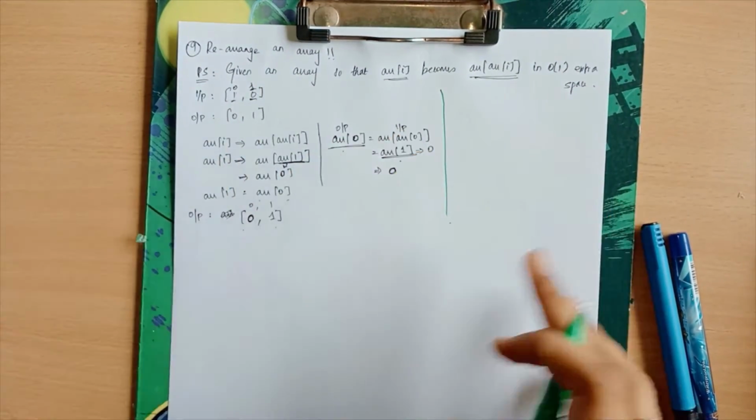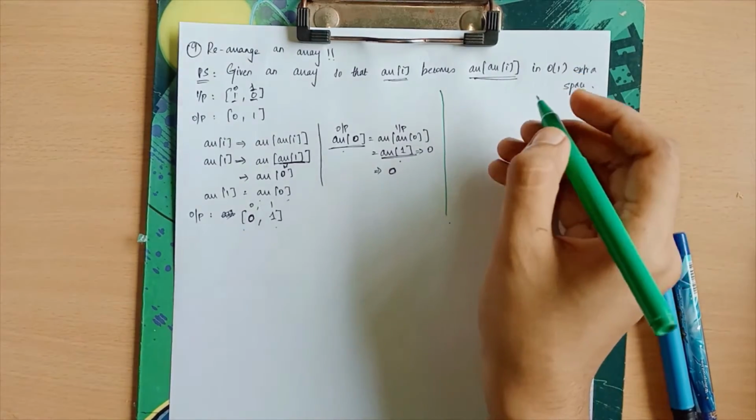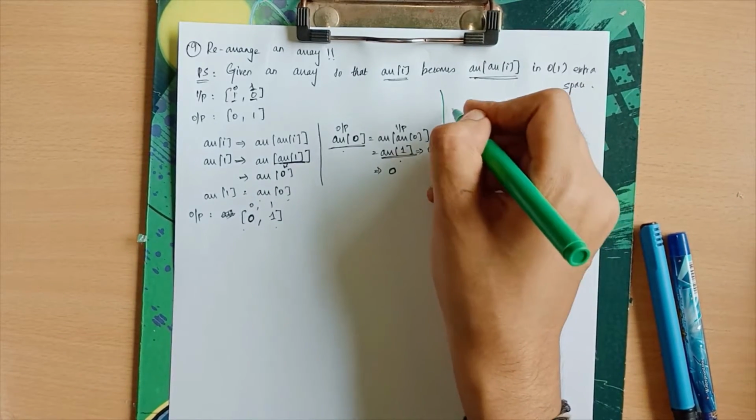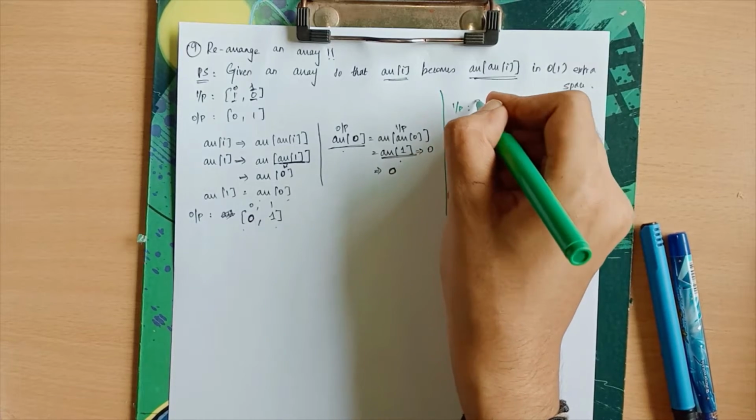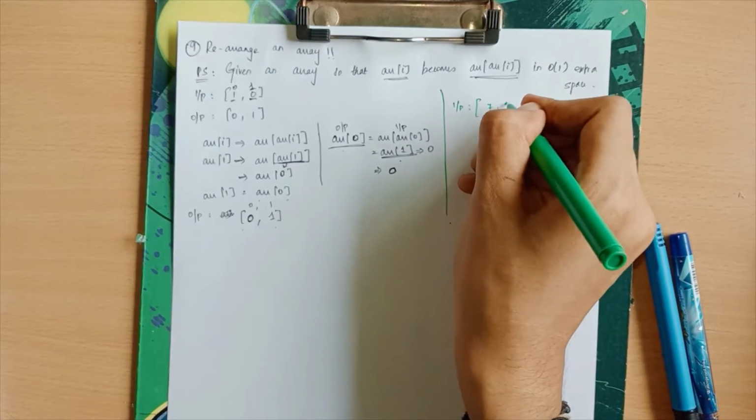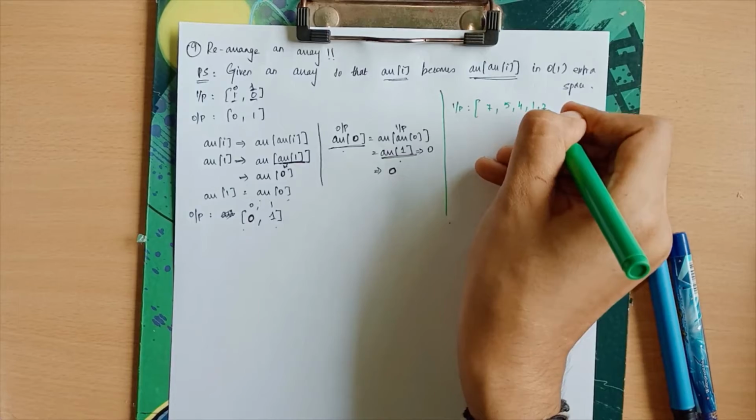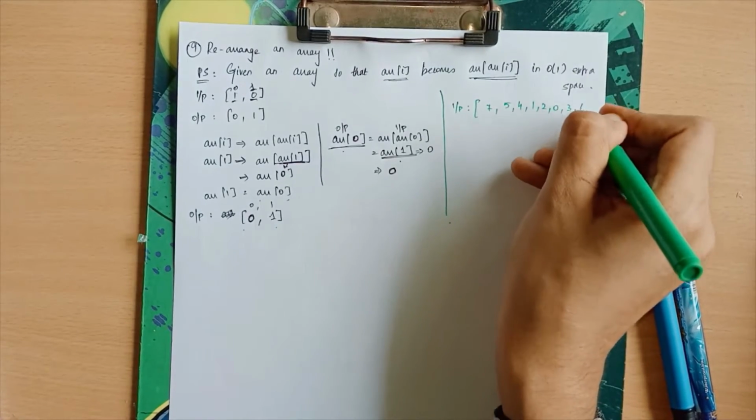Let's understand it better with another example. I hope things are not clear yet because of the array of array of 0. So let's understand more clearly. Suppose I have an input, which is going to be 7, 5, 4, 1, 2, 0, 3 and 6.